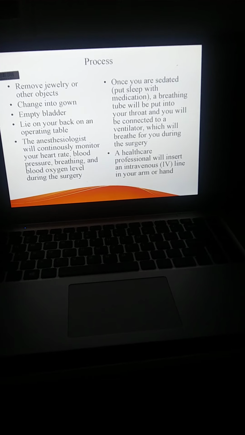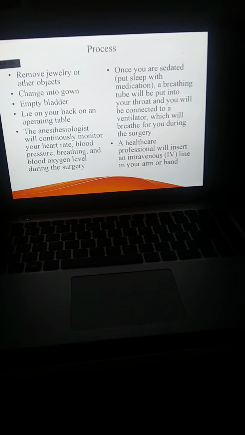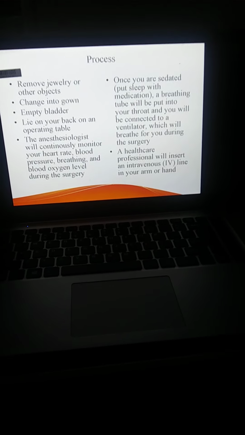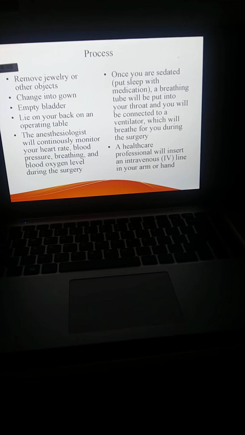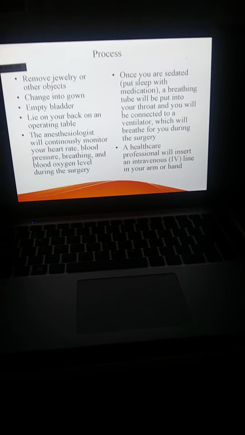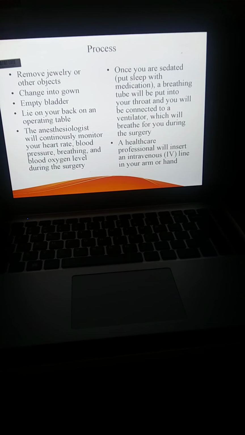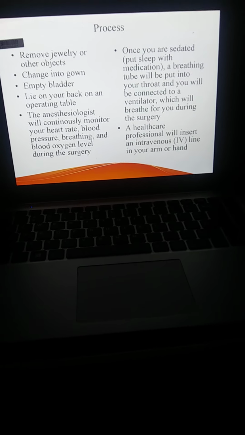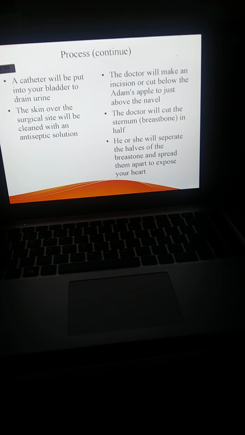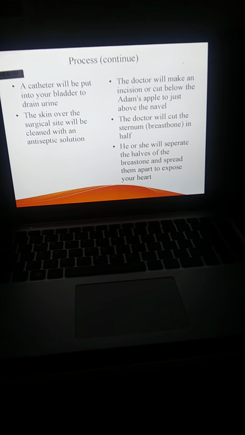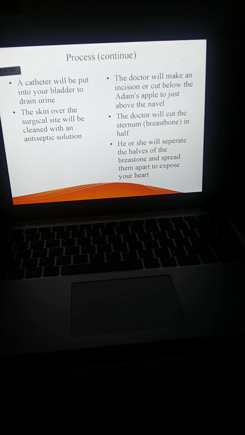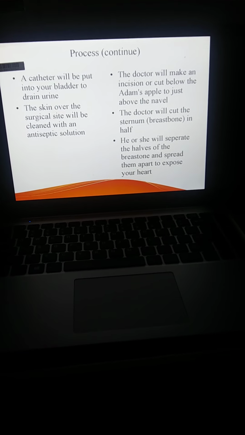Once you are sedated or put to sleep with a medication, a breathing tube will be placed into your throat and you will be connected to a ventilator, which will breathe for you during the surgery. A healthcare professional will insert an intravenous IV line into your arm or hand. A catheter will be put into your bladder to drain urine. The skin over the surgical site will be cleansed with an antiseptic solution.